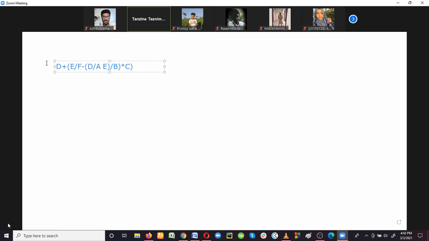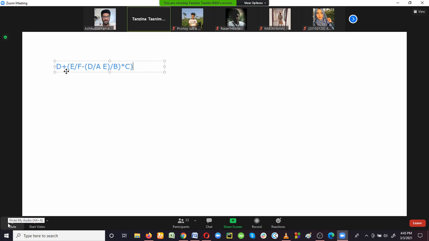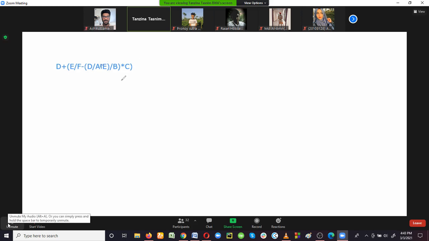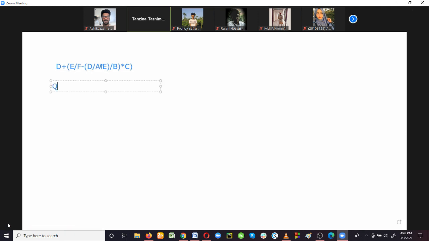So this is our expression, and this expression is given in which notation? In infix notation. Just look at the position of the operator here. All the operators are placed between the operands, right? So this is our expression. Now we are going to assign a variable that is Q, and this variable can store all the operators and operands of the infix notation. So Q equals D, or I can just write Q here.